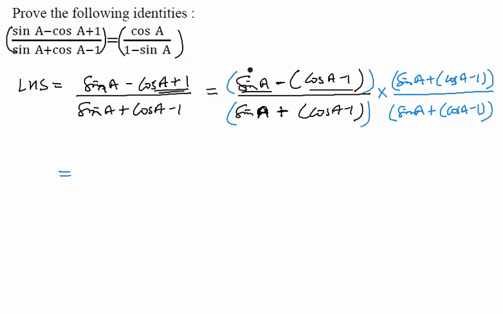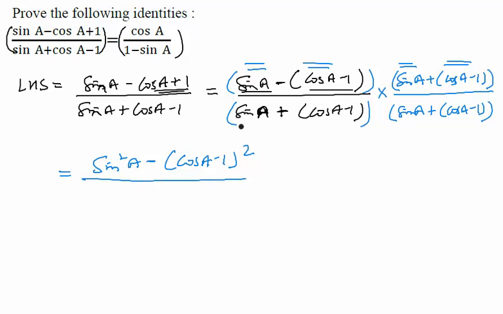Okay, so what happens now, if you observe, the numerator quantities are a minus b into a plus b, which is the formula of a square minus b square. So the numerator will convert to sin square a minus (cos a minus 1) whole square. And in the denominator we have two exactly same brackets, sin a plus cos a minus 1, so this will become a whole square, (sin a + cos a - 1) whole square, correct?